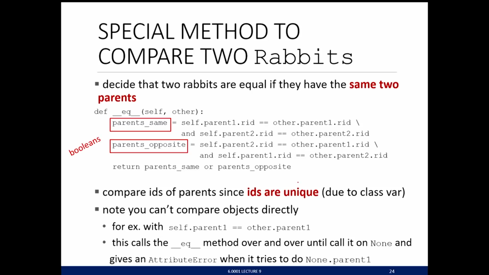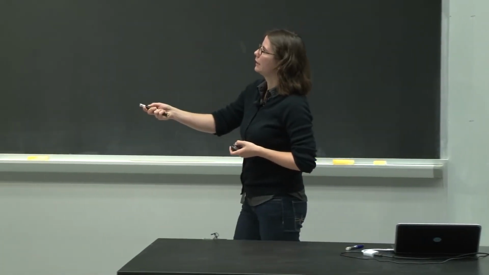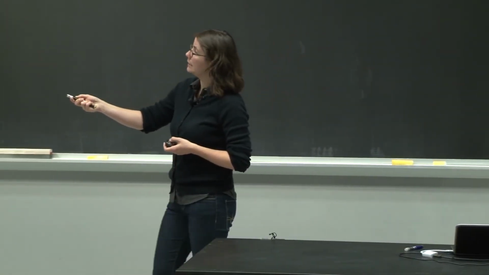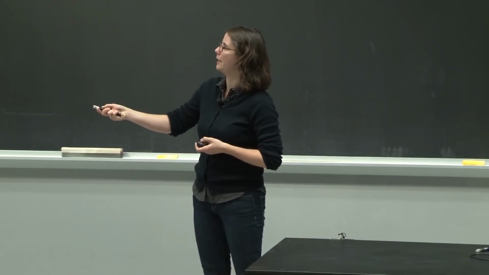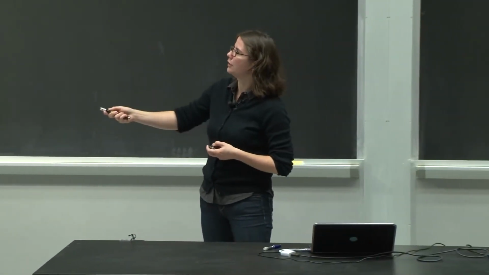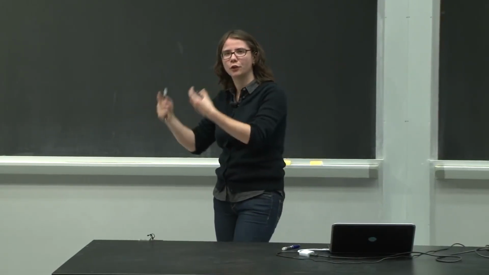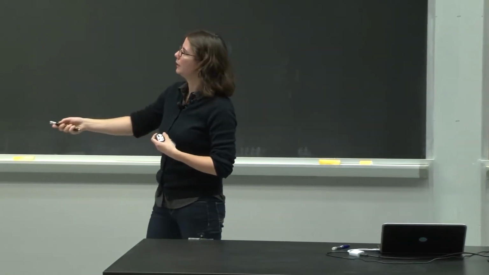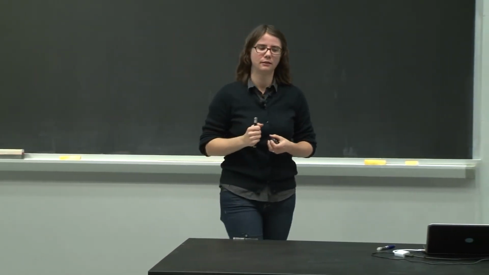Okay? So here notice that I'm actually comparing the IDs of the rabbits as opposed to the rabbit objects directly. Okay? So if instead of comparing the IDs in here, I was comparing the parents themselves directly, what would end up happening is this method, __eq__, would get called over and over again, because here we have parents that are rabbits.